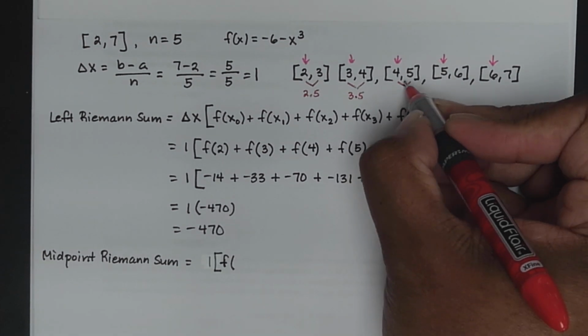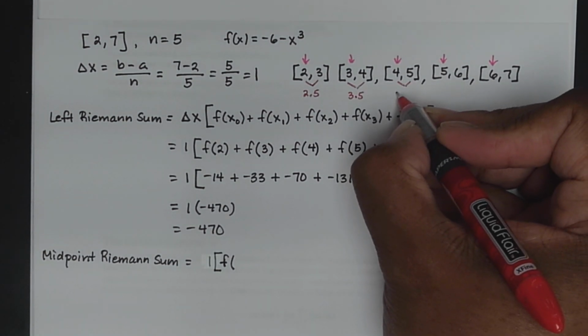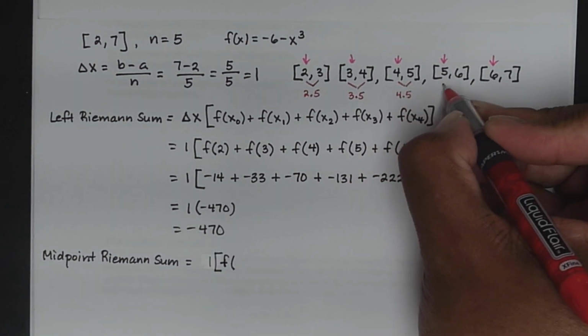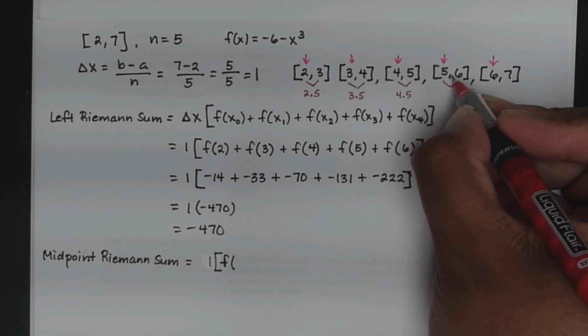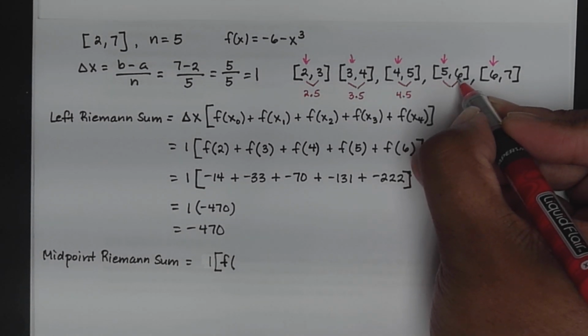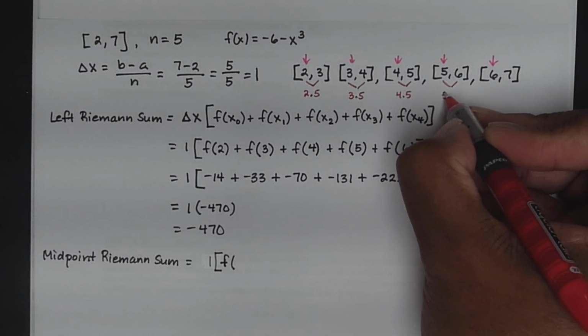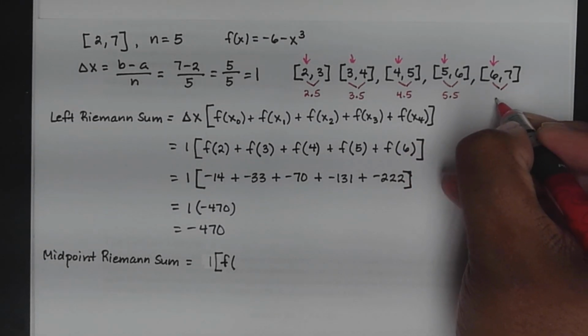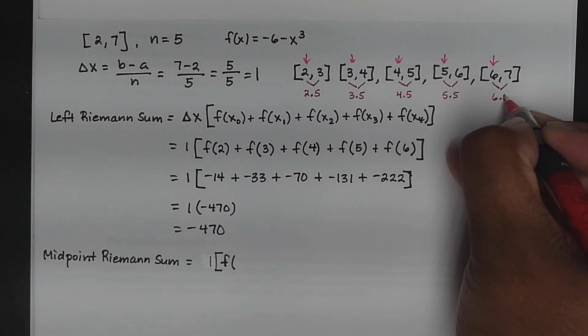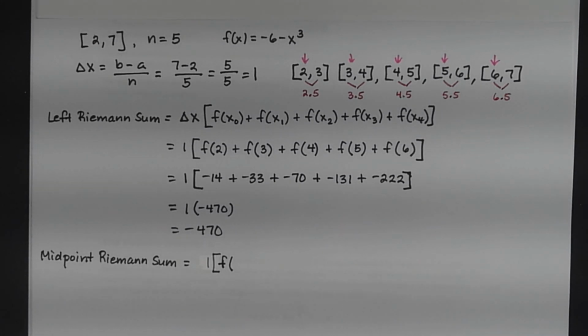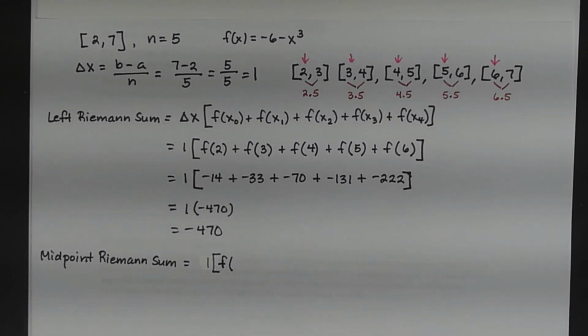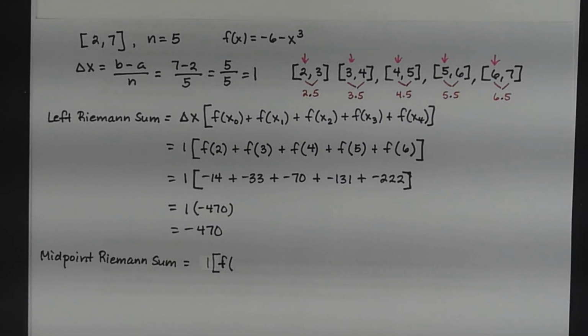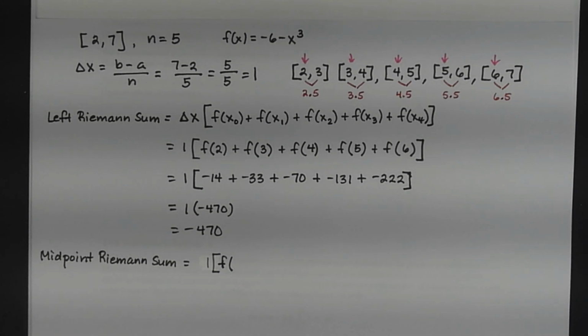And then for 4 to 5, 4 plus 5 is 9 divided by 2, that's 4.5. And then from 5 to 6, 5 plus 6 is 11 divided by 2, that'd be 5.5. And then 6 plus 7 is 13 divided by 2, 6.5. Because those midpoints are halfway between the endpoints of each of your sub-intervals here.